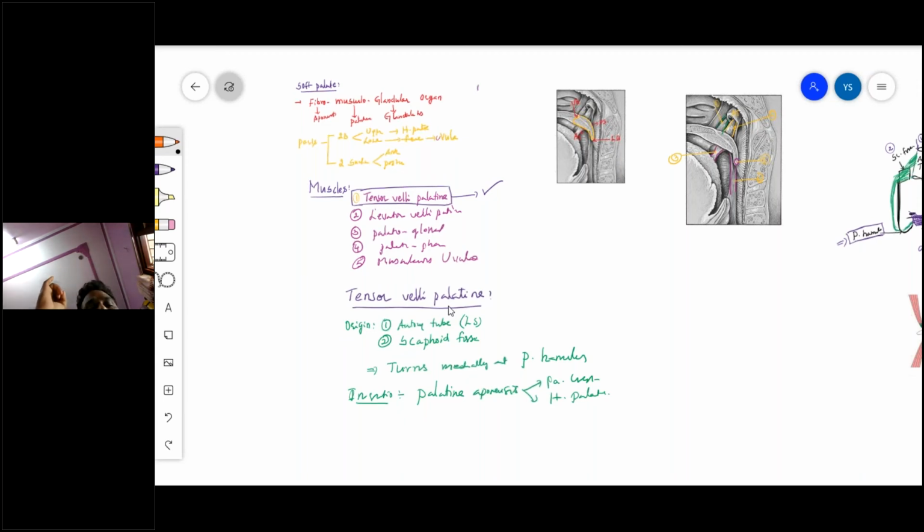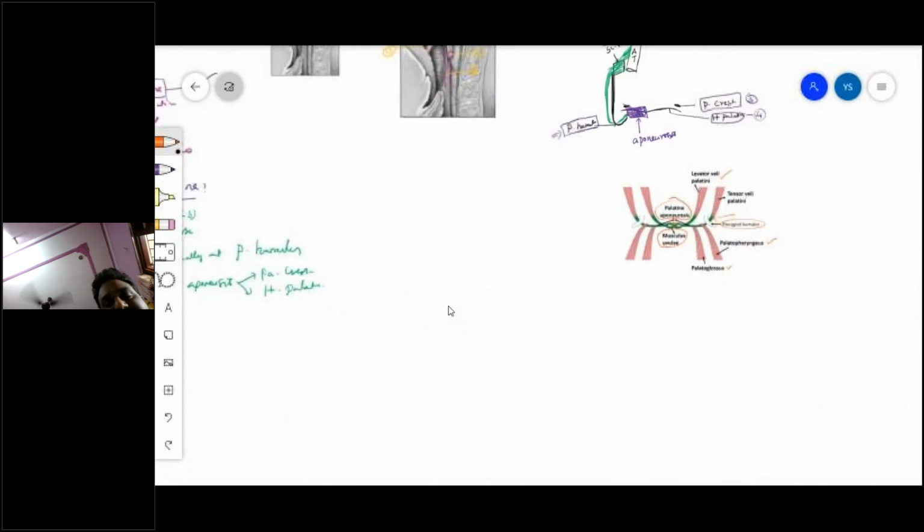I told you in the beginning, three structures: fibro, musculoglandular. We have seen the parts, and I listed the muscles of the soft palate. I explained in detail about the tensor veli palatini. Now we come to the remaining things: blood supply and nerve supply, other things.